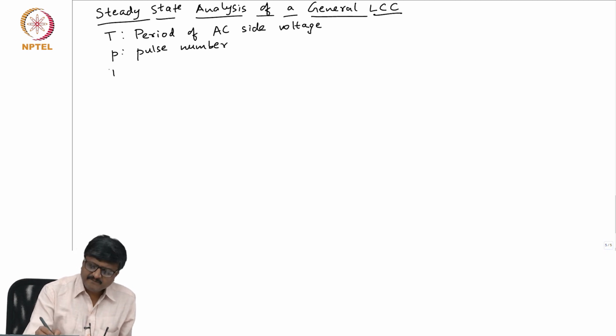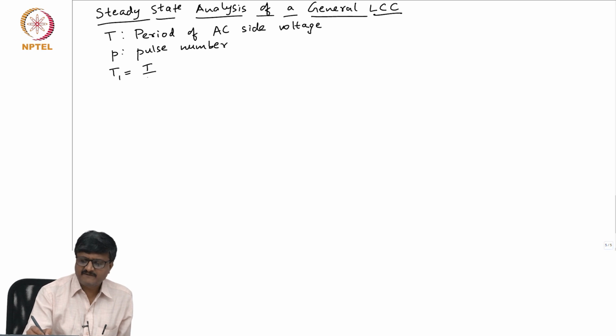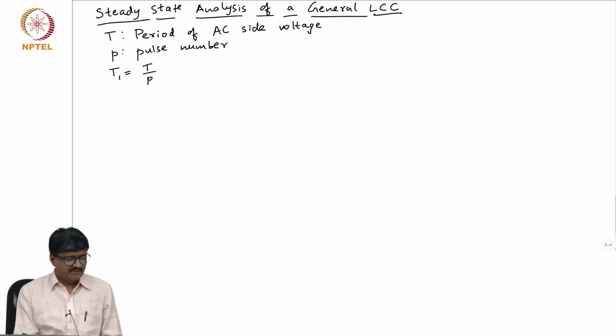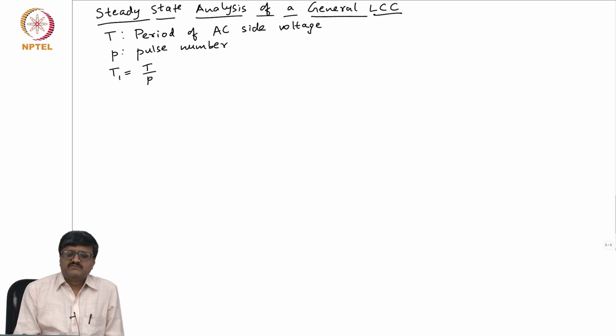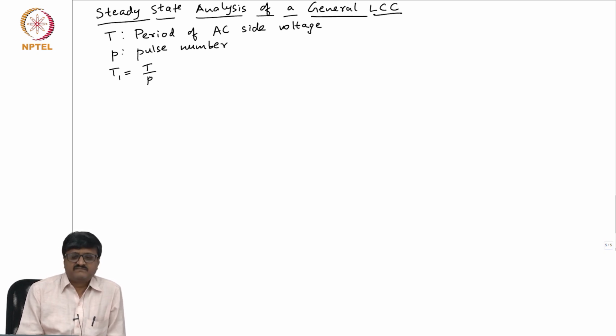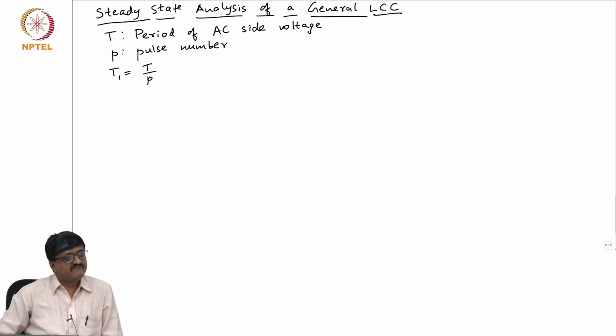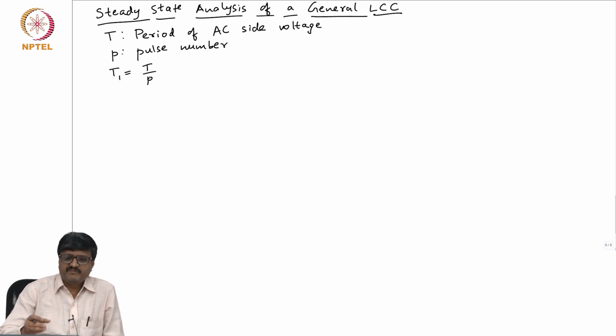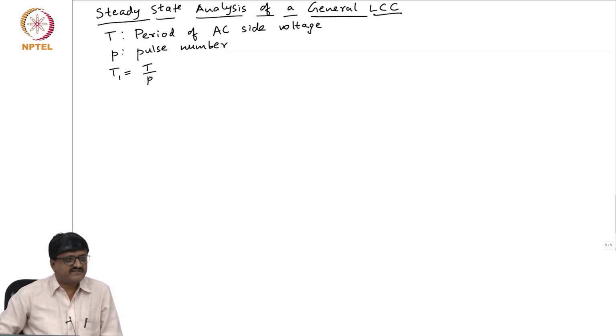Then we define T with a subscript 1 as T by P. So, if T is period, what is T1? Period divided by pulse number, what does it give? There is a name for that. In the previous case, P was 6. So, if the period is divided by 6, what we get is T1.